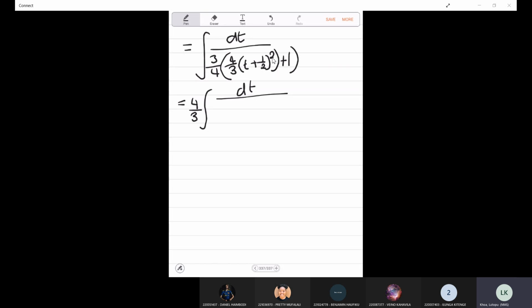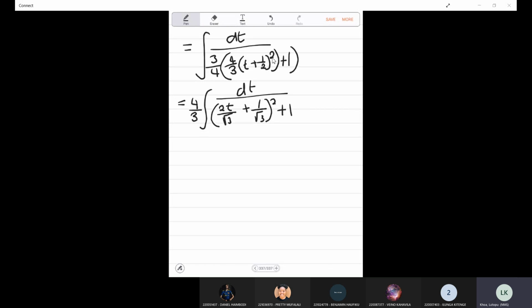So doing that, we will have 2t over the square root of 3 plus 1 over the square root of 3, squared plus 1.